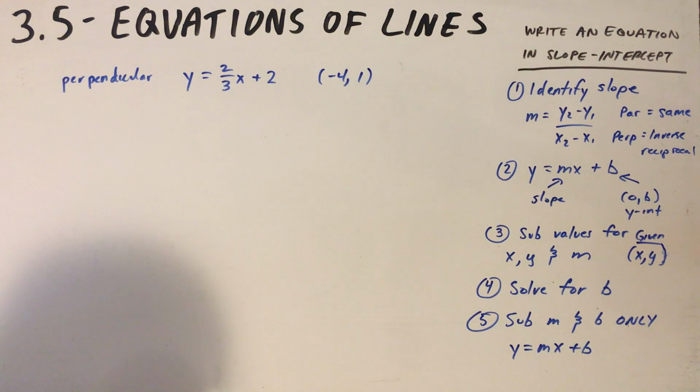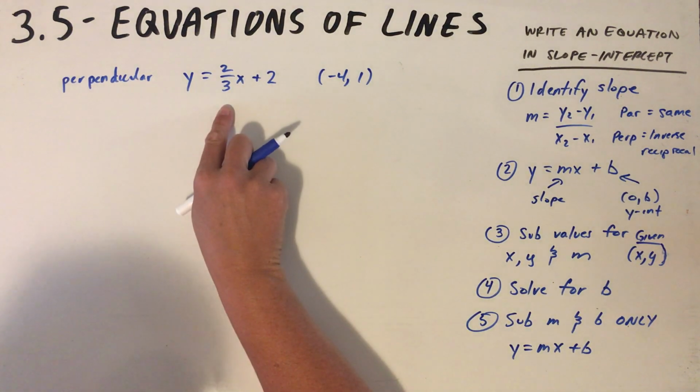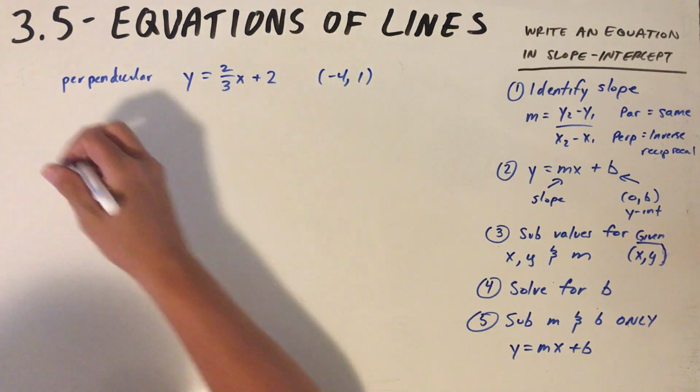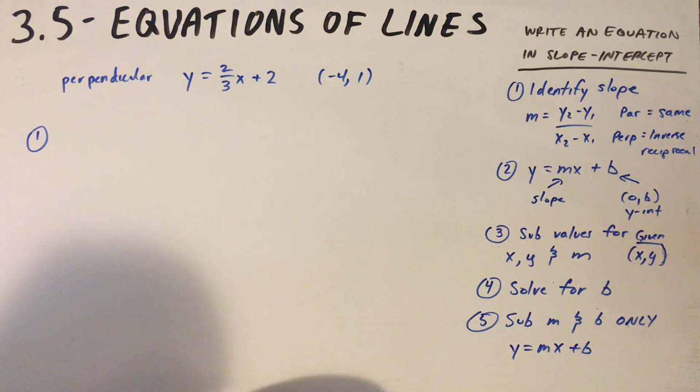So I want to find the equation of a line that's perpendicular to this one and passes through this point. My first step is to identify the slope.